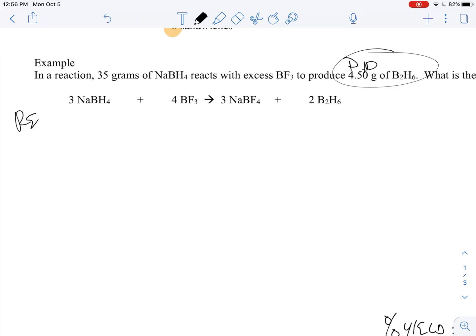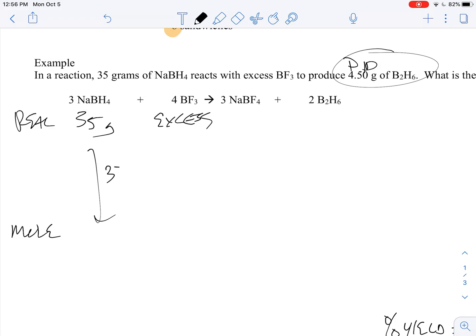So here's our real world. Here's our mole world. You've got 35 grams of that compound, and it says that you have excess. Oh, that's so nice, because it's not a limiting reagent problem then. So all we got to do is come down here. We realize that sodium is 23, boron is 10.8, and there are 4 hydrogens.